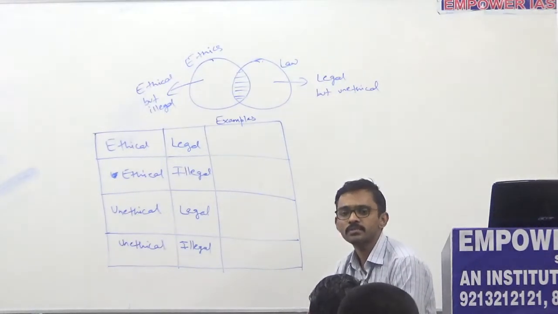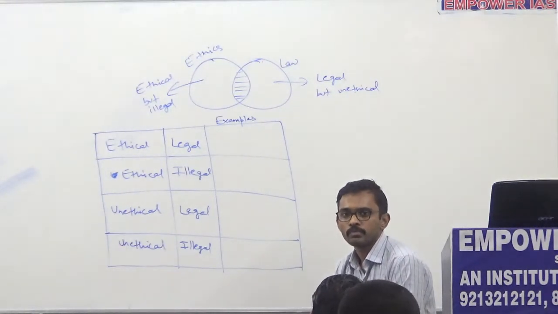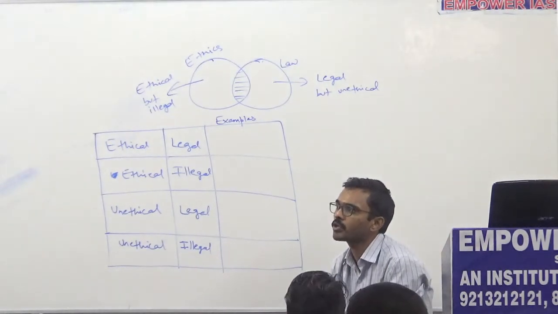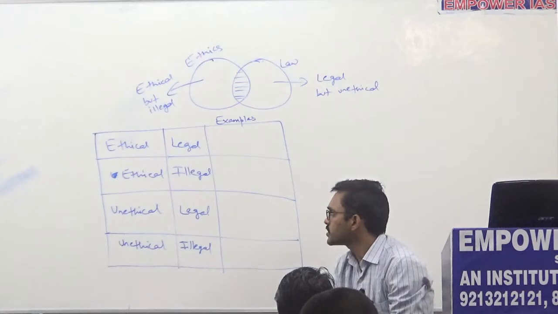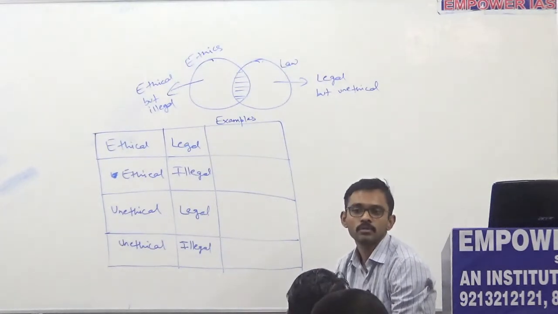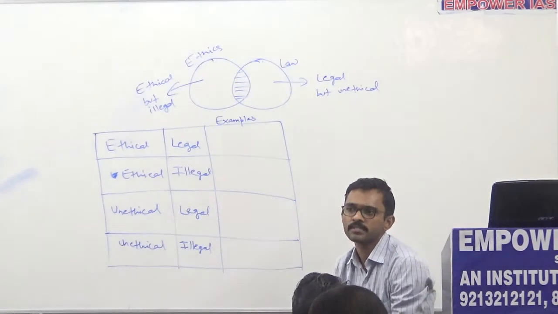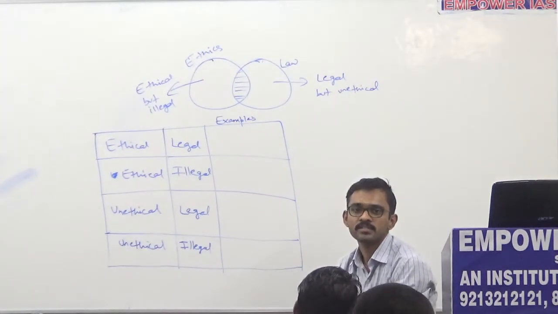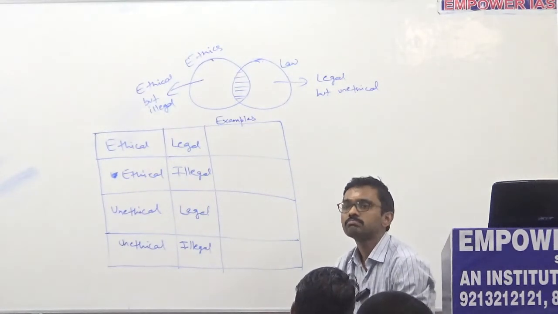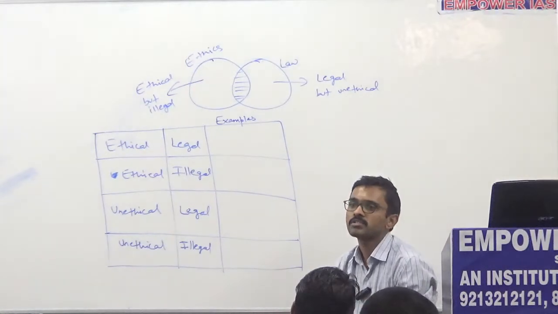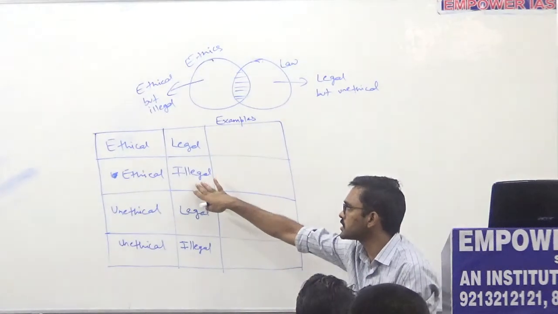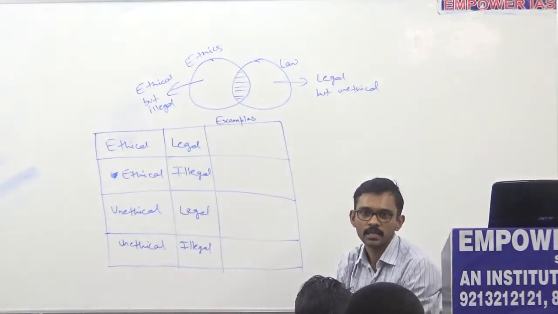What is section 377? Rights of LGBT. Carnal intercourse against the order of nature. Section 377 basically prohibits or criminalizes homosexuality. However, the general consensus is that this is not ethical, as the rights of the LGBT community are part of the societal ethical framework. So it is an example of something which is illegal but ethical.